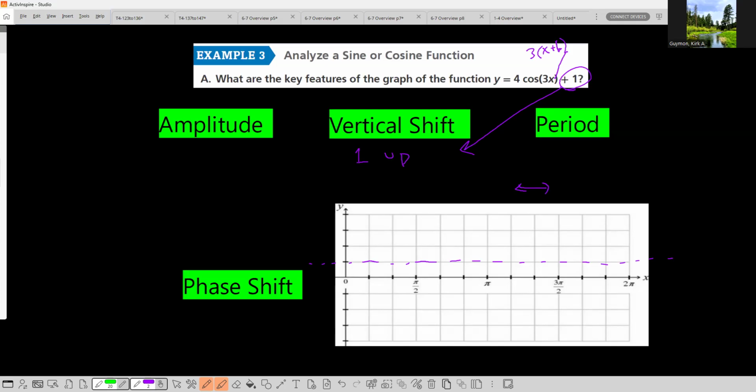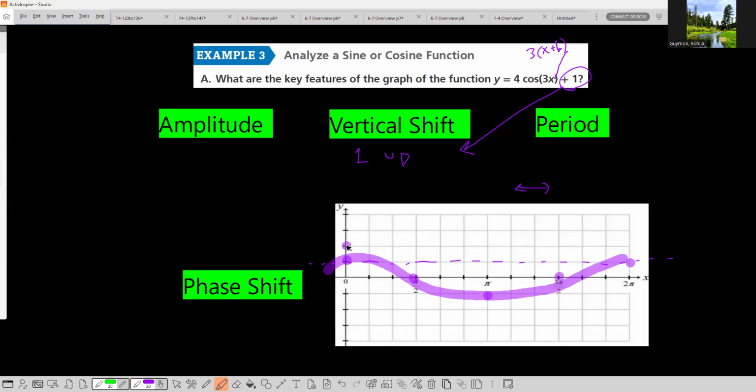We're doing cosine, so just a reminder, cosine starts at the high point. Here we're going to go through 0, the low point, 0, and back to the high point to finish one cycle in our 2 pi period. Your basic cosine graph. Then if we're going to move it 1 up, we're going to start 1 up there.